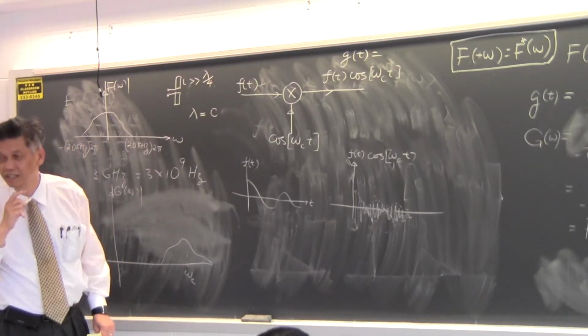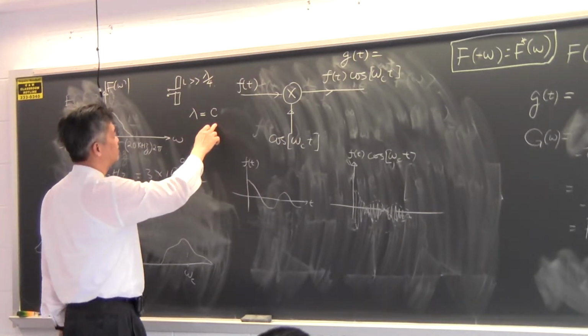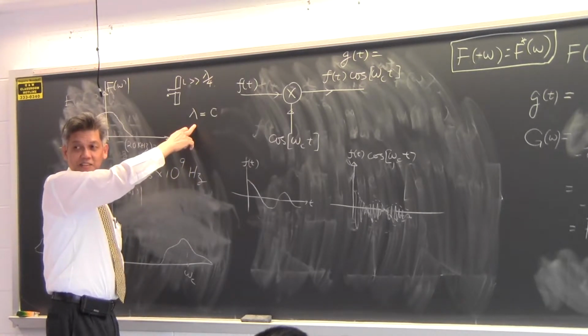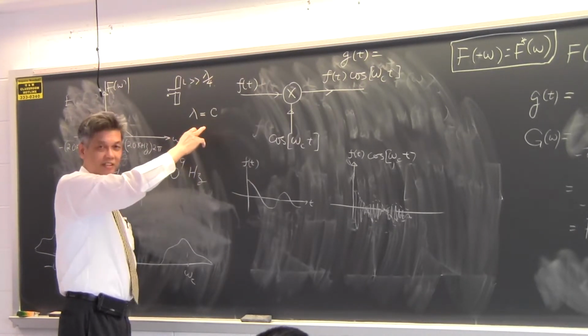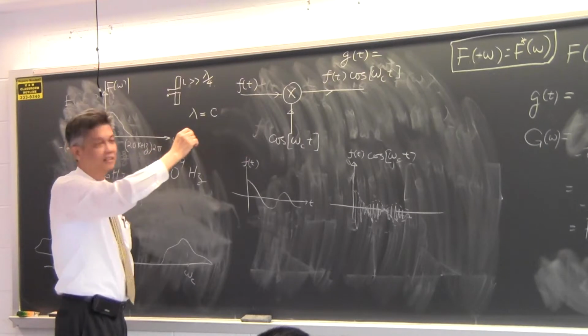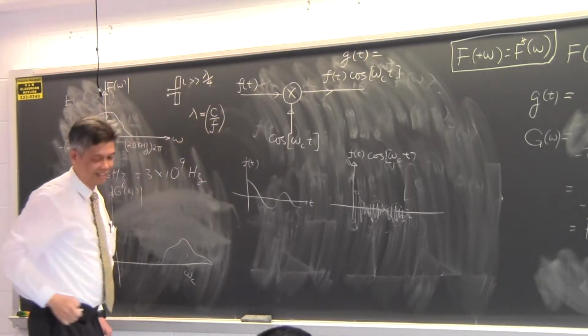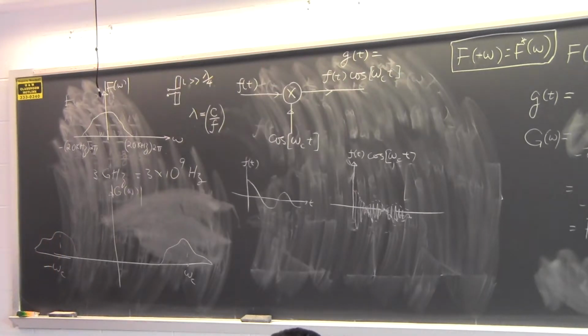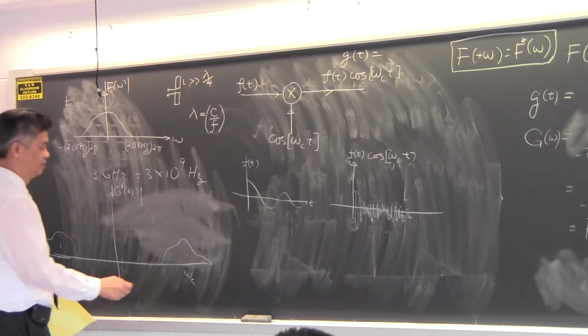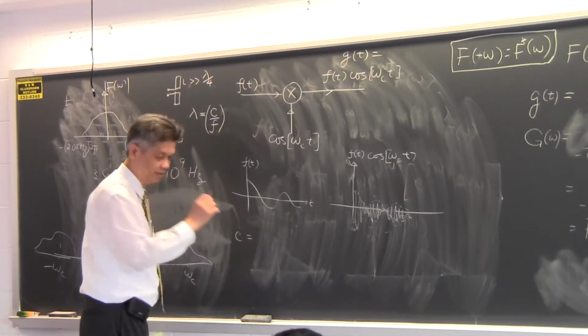The lower the frequency, the larger the wavelength. So would the f go into the numerator or denominator? Denominator. Okay, so you learn this from your physics. So lambda is c over f.